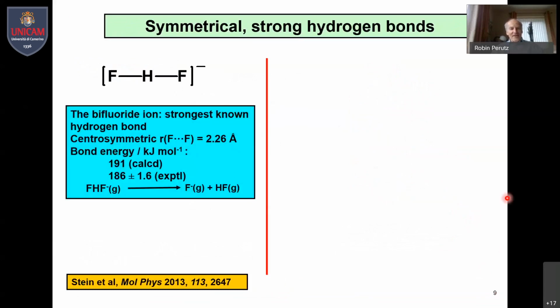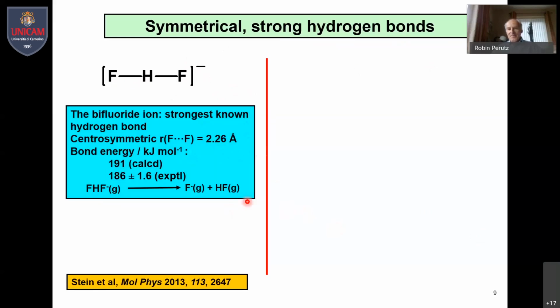Now, I said earlier that most of these hydrogen bonds are weaker than 50 kilojoules per mole, but I want to mention the exceptions. These are called symmetrical strong hydrogen bonds, and the classic example is the bifluoride or hydrogen fluoride ion, FHF minus. It's perfectly centrosymmetrical and is the strongest known hydrogen bond.